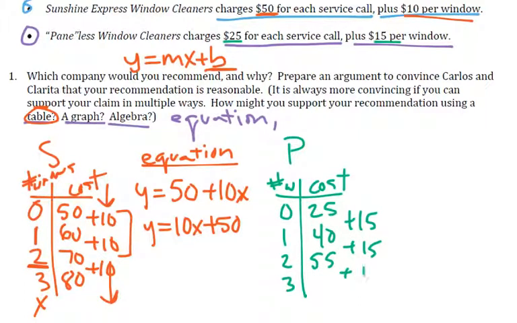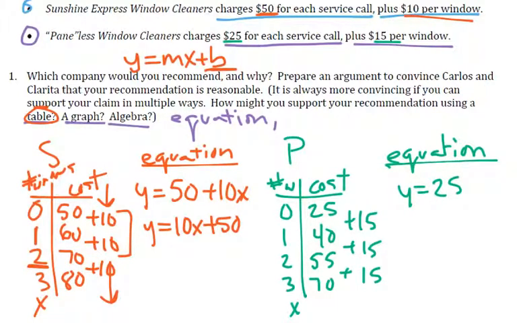For three windows, it would be 70. Okay, for x windows, that's where our equation comes in. So we'd go y equals, we'd start at 25, right? And then we're adding 15 each time. So we'd go 15x, or rearrange it to 15x plus 25.